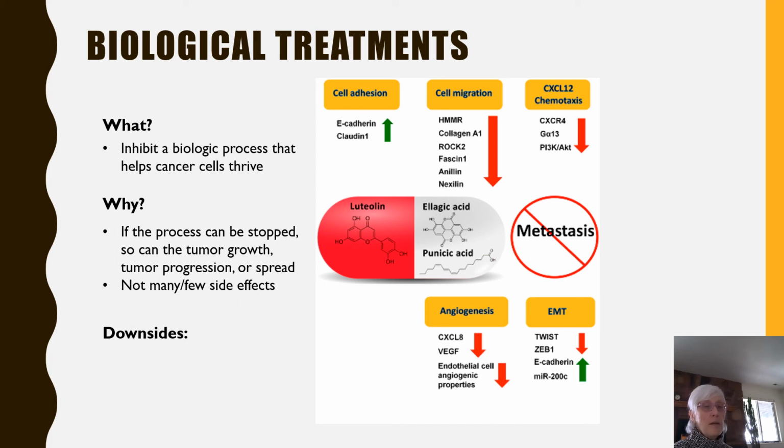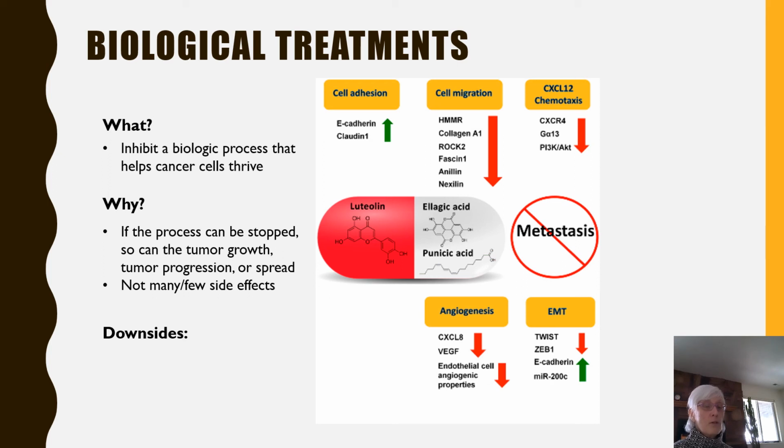Tumors need blood vessels to grow into them, and those blood vessels that grow into tumors are there to help supply the tumors with all of the nutrients that the rapidly dividing cells need, but they also take away the waste products. And if you can stop the development of blood vessels into a tumor, you can often limit the size of the tumor.